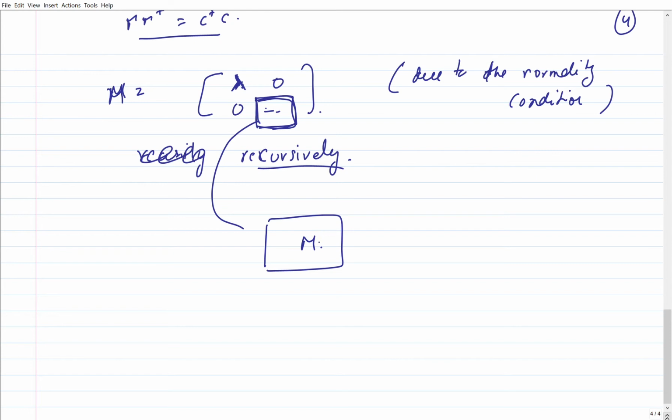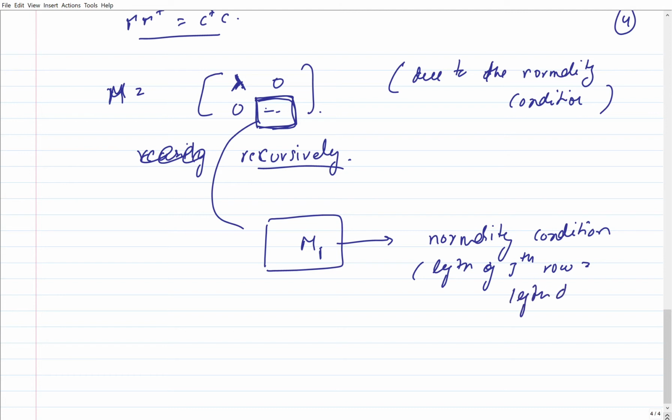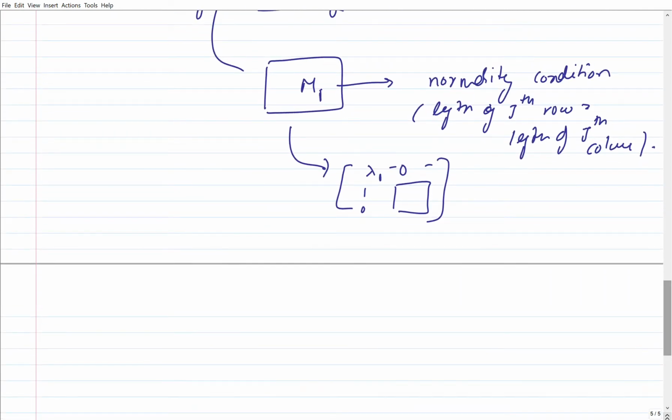Let's say this is M1, and argue on the basis of the normality condition, length of jth row equals length of jth column, and again argue that this is of the form of some lambda 1 where these entries have to be 0. Keep recursively applying till we get this in a diagonal form. So that essentially is the trick.